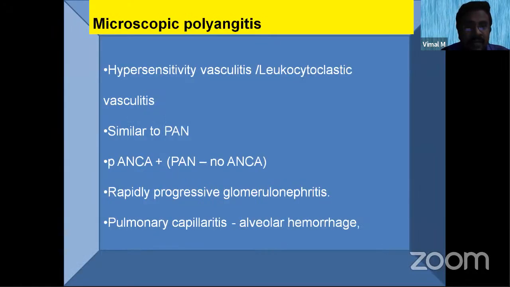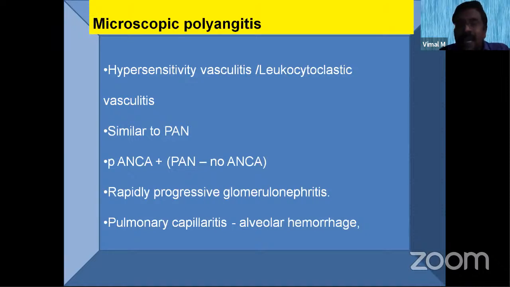Okay, so now let us see what is microscopic polyangiitis. All of you will be knowing by this time, it is a small vessel vasculitis, mainly affecting the smaller vessels. It is also called hypersensitivity vasculitis or leukocytoclastic vasculitis.